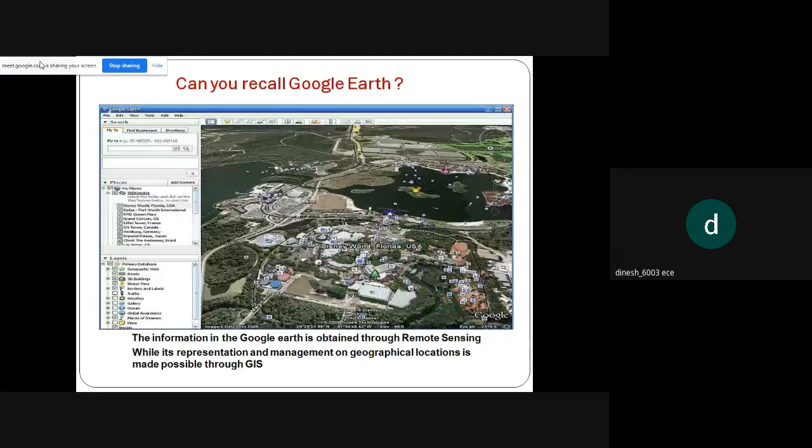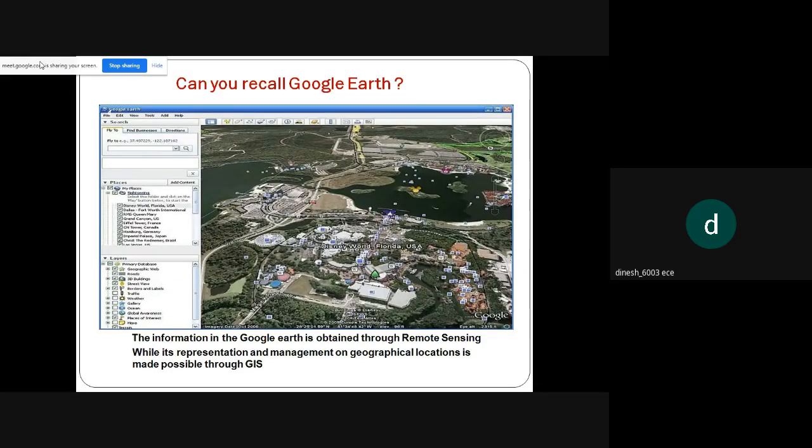Can you recall Google Earth? The information in Google Earth is obtained through remote sensing, while its representation and management on geographical locations is made possible only through GIS. Through remote sensing we can only see the information that is available. For example, here is Disney World, which is in Florida, USA, where all the cartoons were initially started.